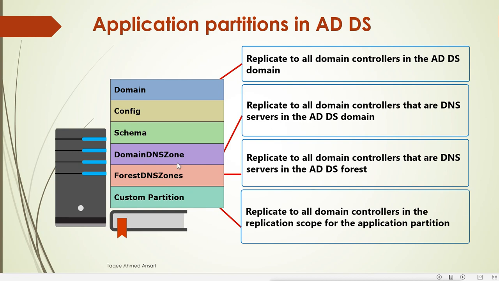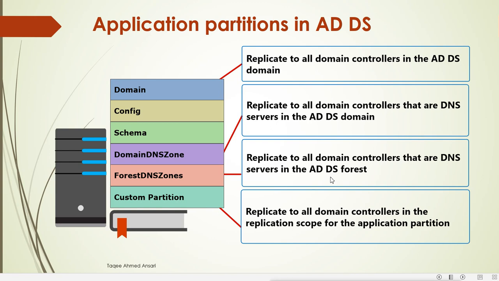First, the domain DNS zone will replicate to all domain controllers that are DNS servers in the Active Directory domain. In the Active Directory domain, all the domain controllers are also DNS servers, so this zone will be replicated to all those domain controllers. Then we have the forest DNS zones. These zones will be replicated to all domain controllers that are DNS servers in the Active Directory forest.